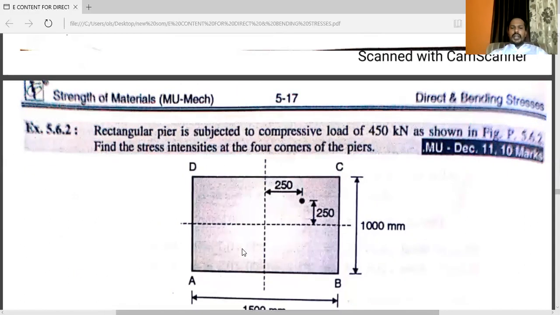So while considering xx, A and B will be minus and C and D will be plus.